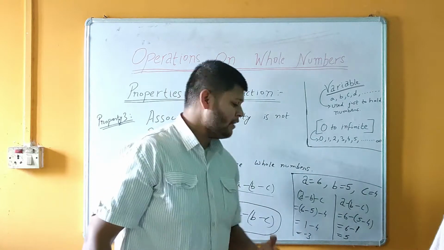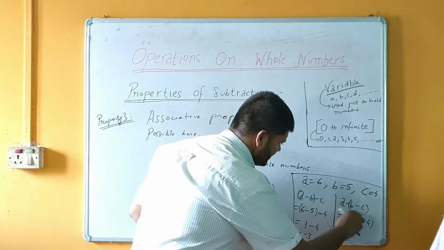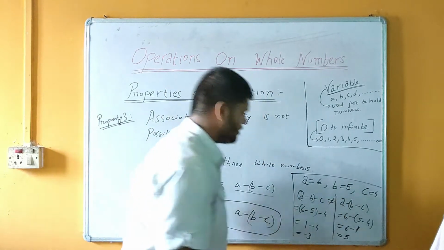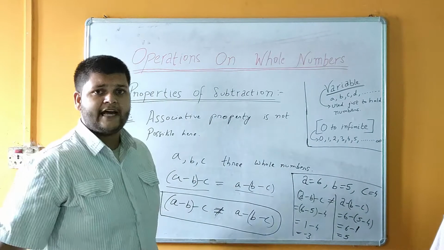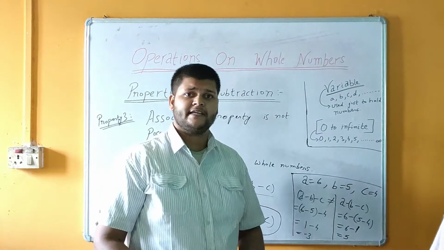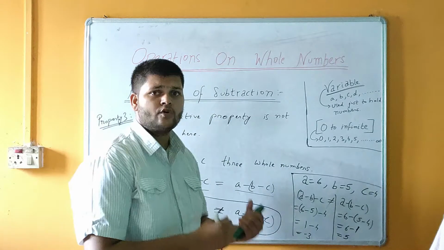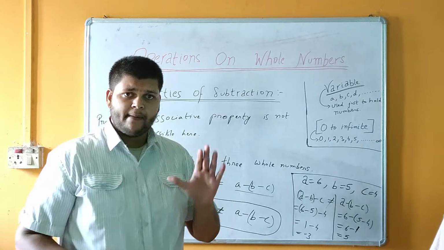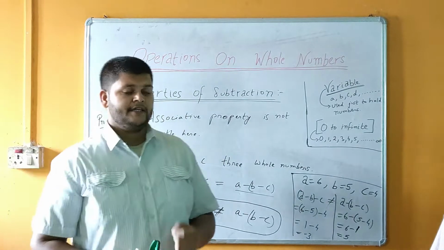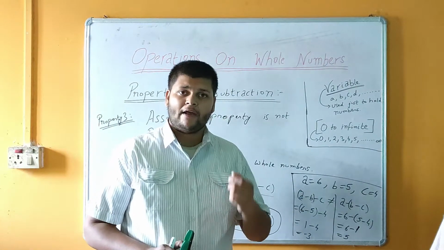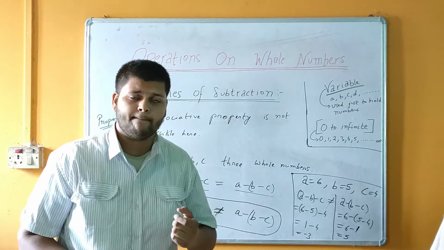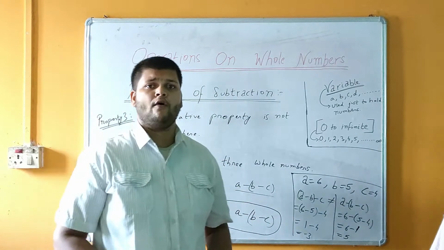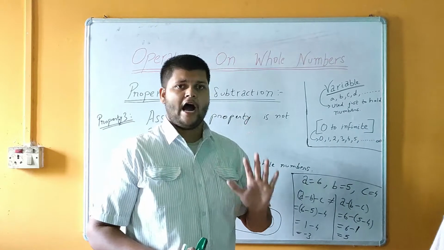They are not equal. If they are not equal, we can say it does not satisfy the associative property. So remember, in simple words, while performing subtraction on whole numbers, you cannot apply the associative property. I hope you are clear.